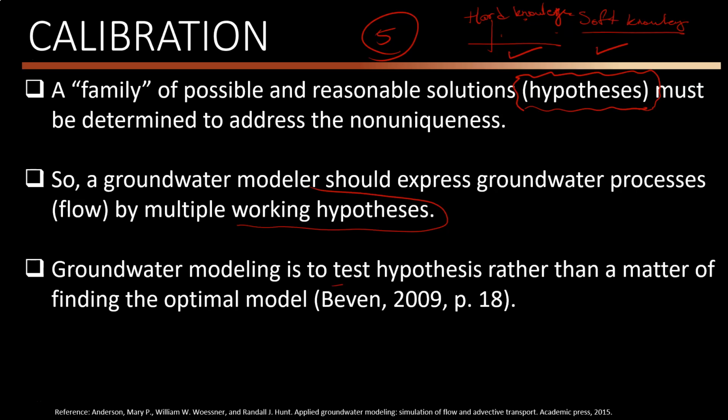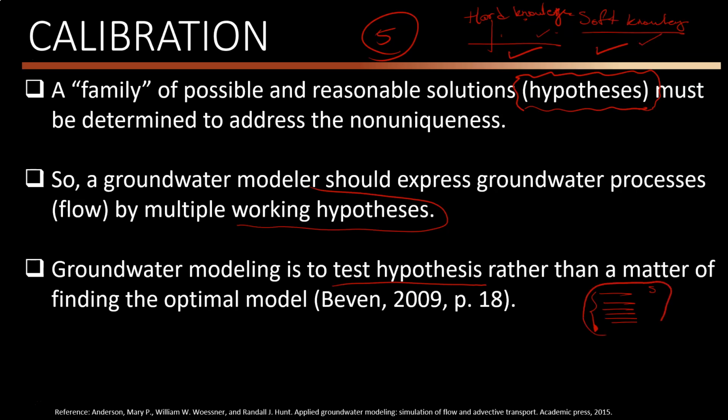So it is much more reasonable, defensible and accurate if we find a group of hypotheses, which are usually not too far from each other, but some of them may have better results once we test the soft knowledge and hard knowledge information.